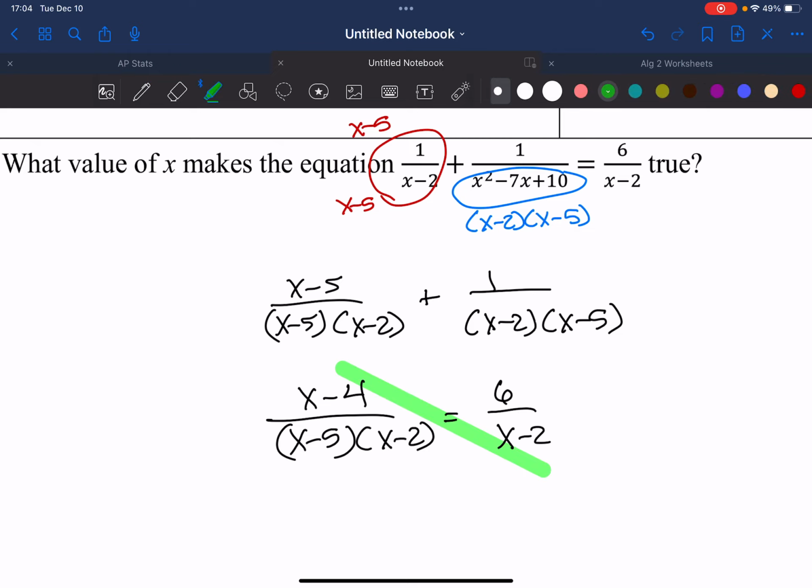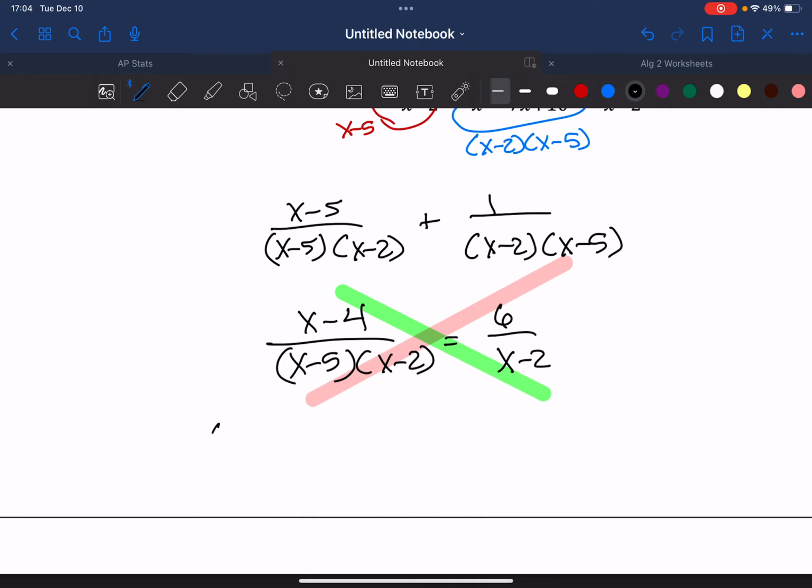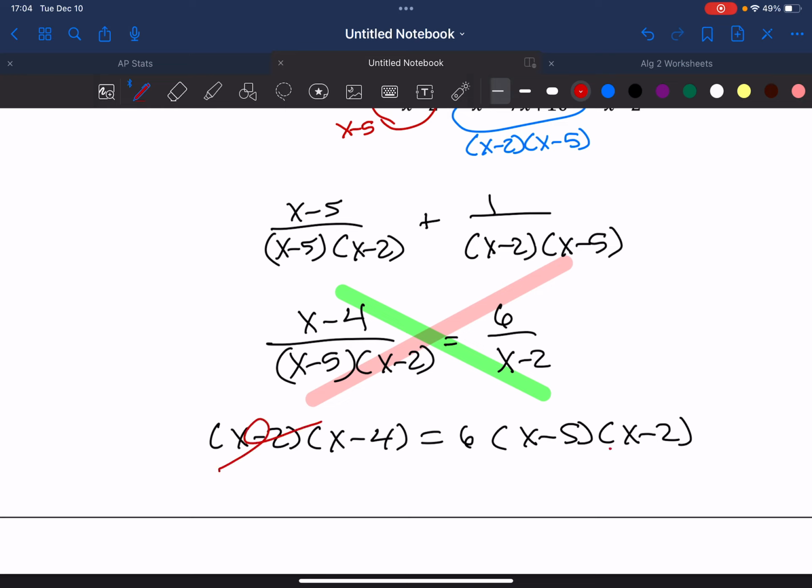Then I'm going to cross multiply. And I have x minus 2 times x minus 4 is equal to 6 times x minus 5 times x minus 2. I can cancel out the x minus 2 on both sides. And I'm left with x minus 4 is equal to 6x minus 30.